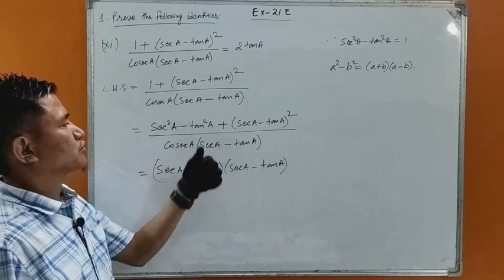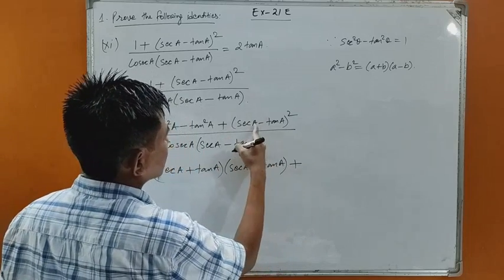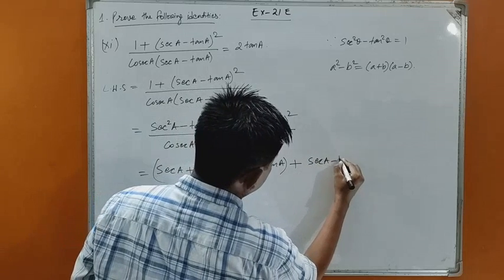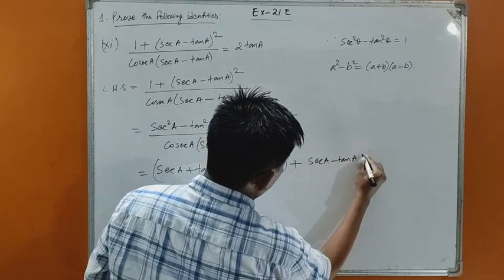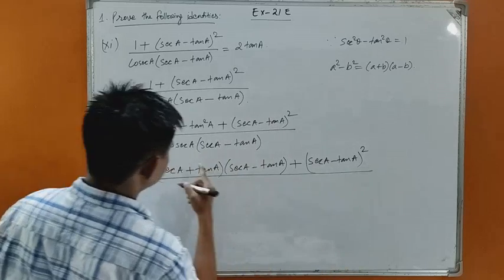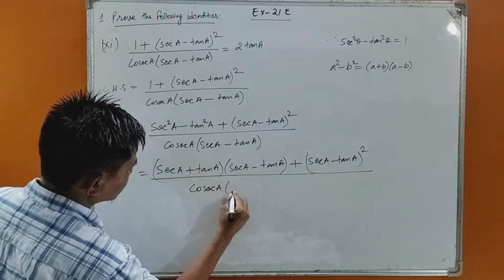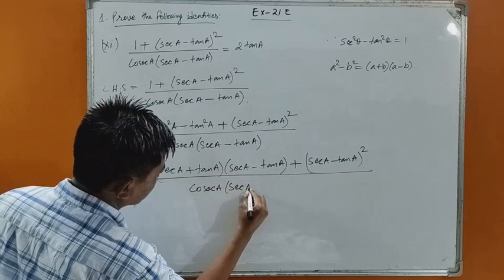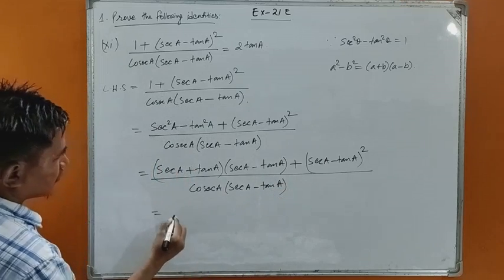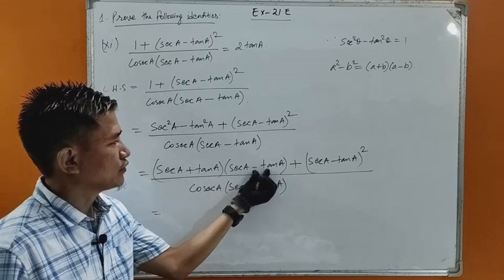So A square minus B square is (A plus B) into (A minus B), plus this plus comes here now, (sec A minus tan A) whole square. In the denominator we have cosec A into (sec A minus tan A). Now you can see sec A minus tan A here also, and here also.